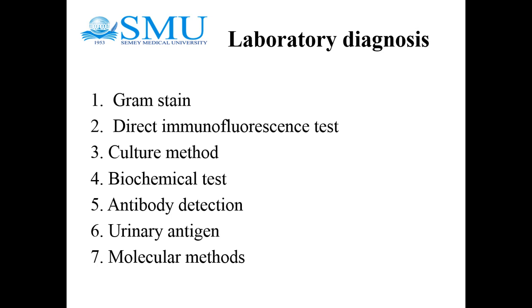Advantages include that it is rapid, cheaper, easy to perform, and next to culture, it is highly sensitive and specific. The antigen in urine is detectable 3 days after the onset and disappears over 2 months. The test is not affected by prior antibiotic administration.